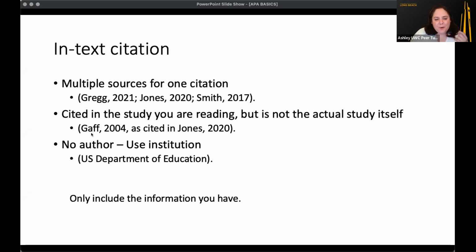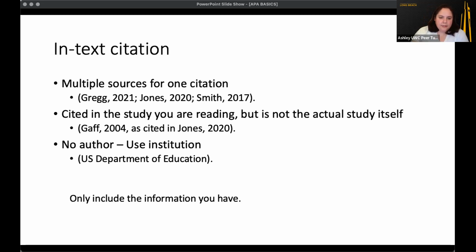So you're citing Gaff 2014 as cited in Jones 2020. So you saw the argument in this author's research paper, but they're citing this other author. That's when you use "as cited in." But again, I would go straight to the source. We have wonderful resources on our campus, databases. We're pretty sure you could find it pretty easily.